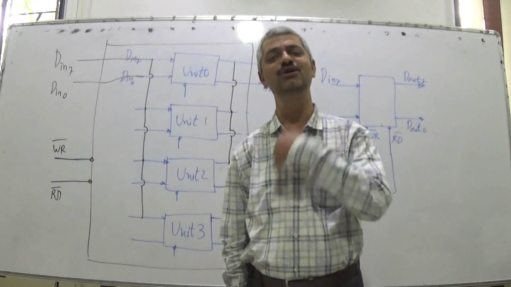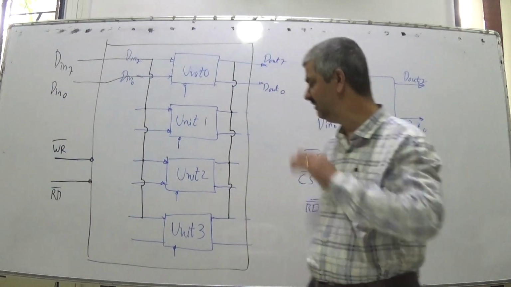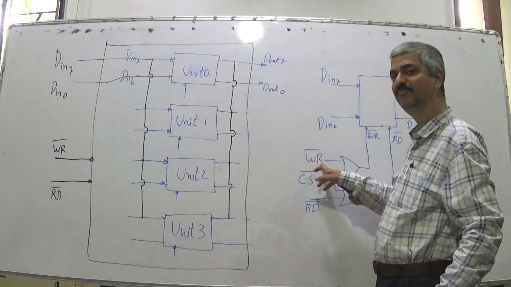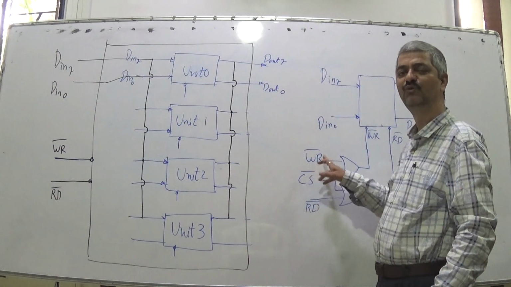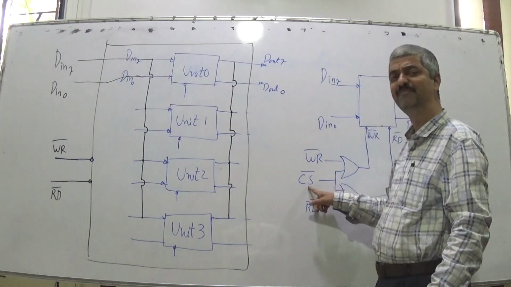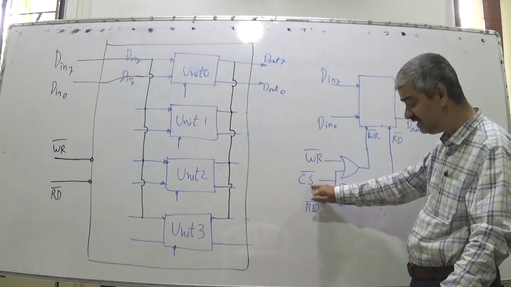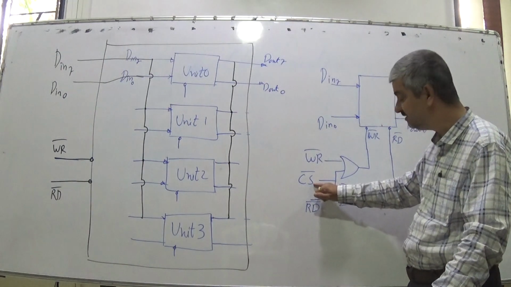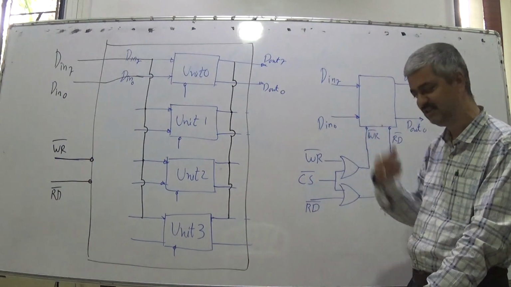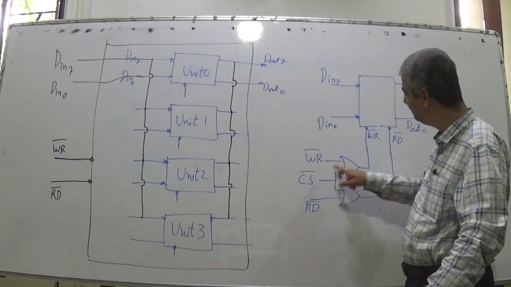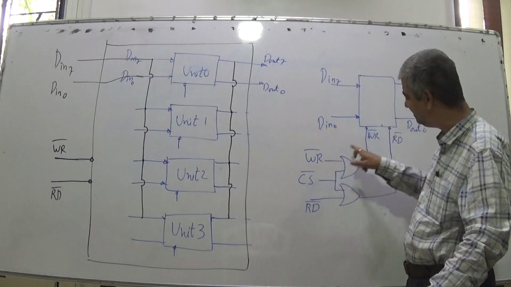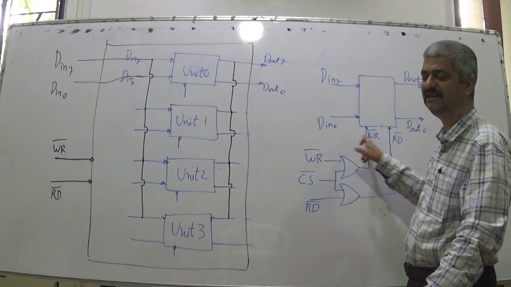Even if I am talking, you are not listening. So even if write bar is made 0 with an intention to write, this chip is not selected. For selection we need to make CS bar 0. If this is kept 1, this will be 1, this will be 1, no process will take place.